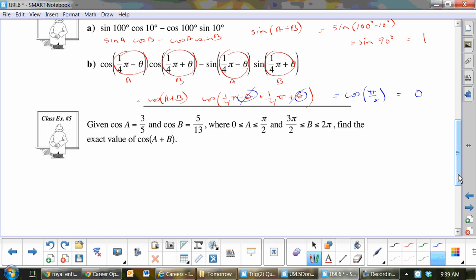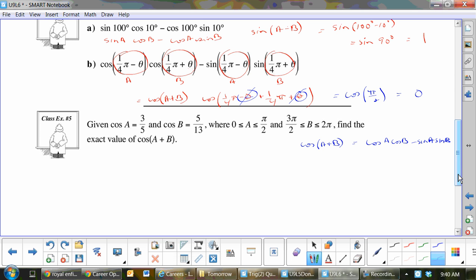Find the exact value of cos A plus B. Now, the formula for cos A plus B, if you look on your formula sheet, is cos A cos B minus sine A sine B. So, what is missing here?